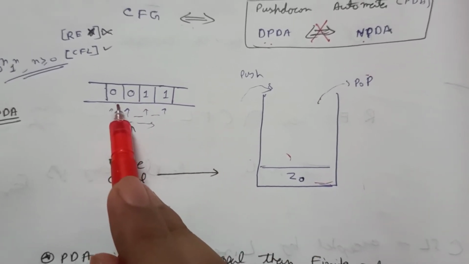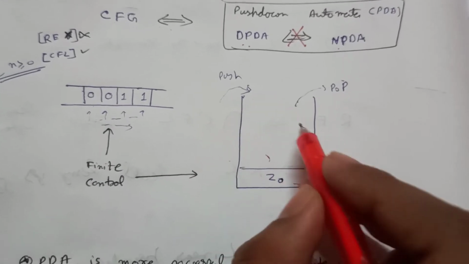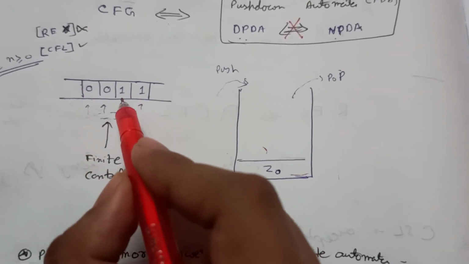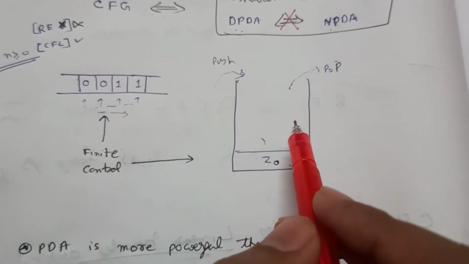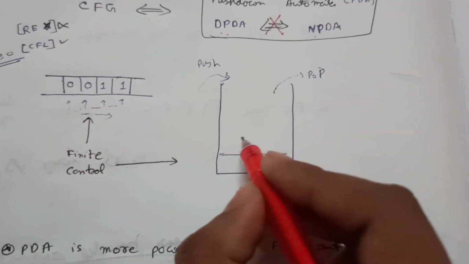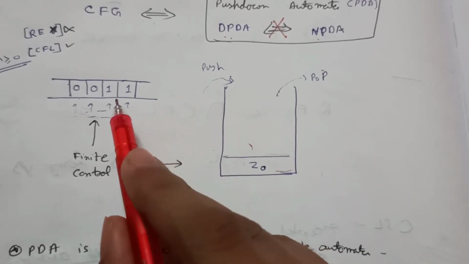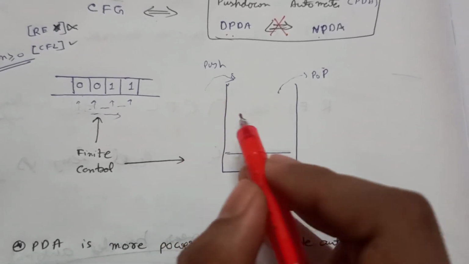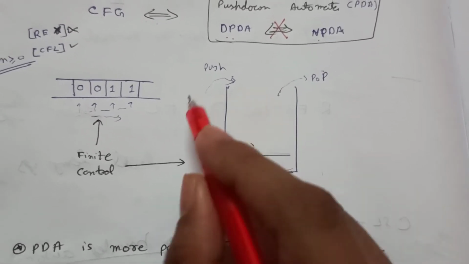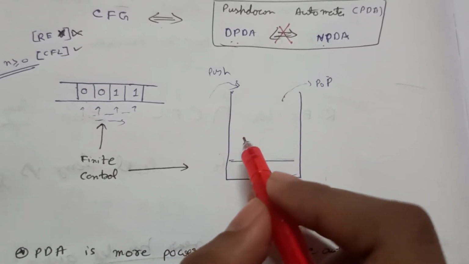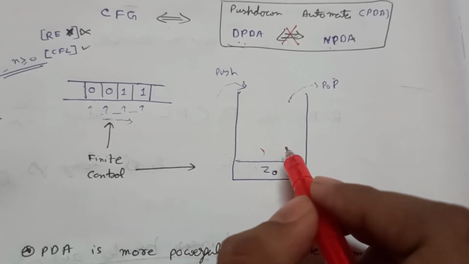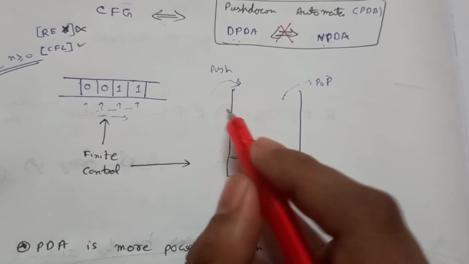Whenever we are reading a 0, we push that 0 into our stack, but that does not mean that whenever we read a 1 we have to push 1 again. Whenever we read a 0 we push 0 into the stack, but whenever we read a 1 we pop that 0 from our stack. So the number of zeros which we push in the stack will be equal to the number of zeros we pop from the stack.